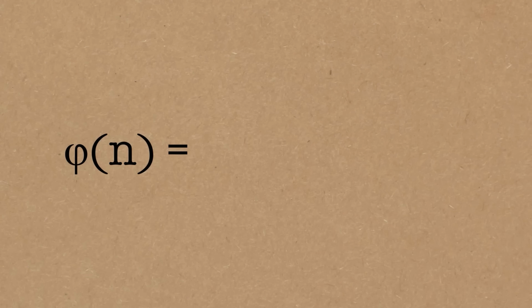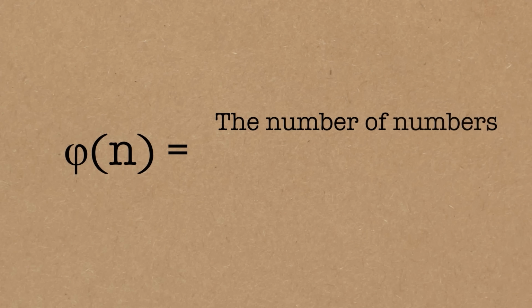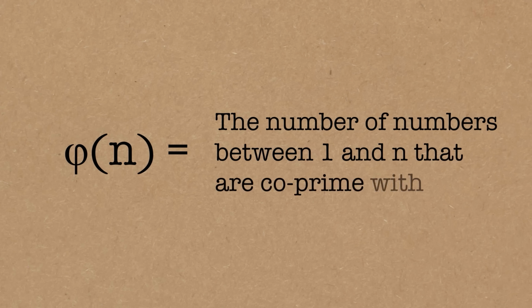Now, before I show you some examples, what is the Euler function? The Euler function is defined in a way that looks like exactly the opposite to the Raffle function. What is the Euler function of n? It is the number of natural numbers between 1 and n, possibly inclusive, that are co-prime with n.